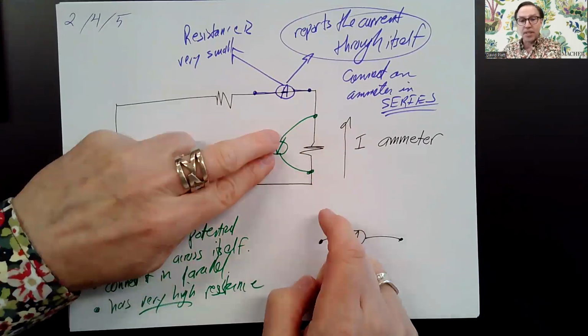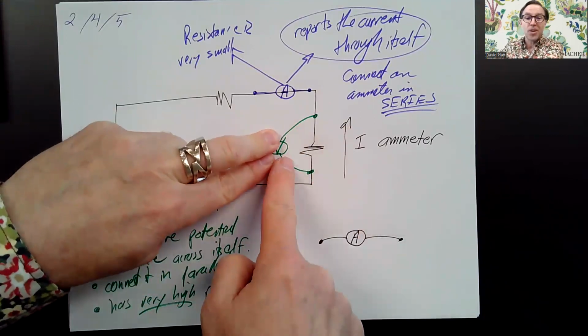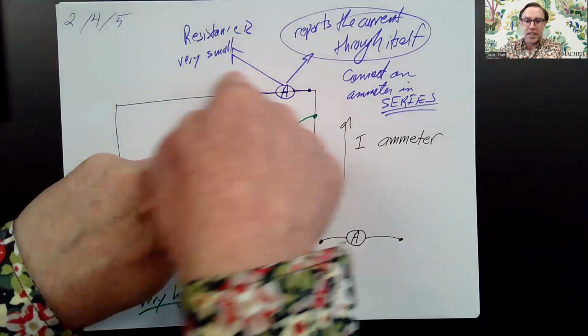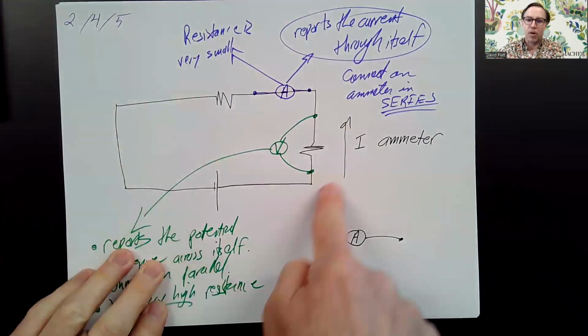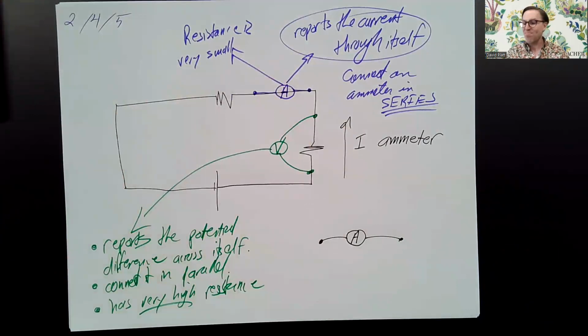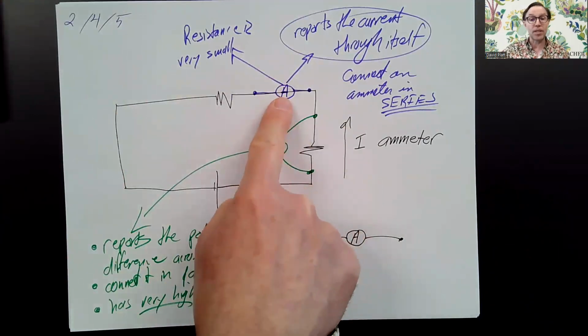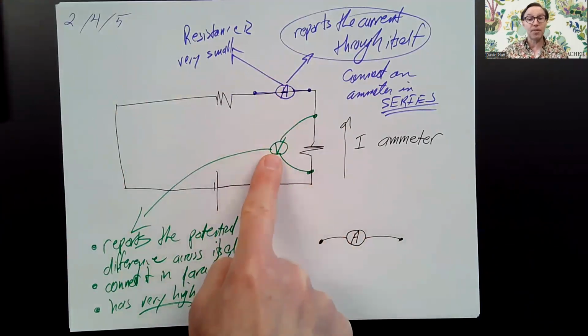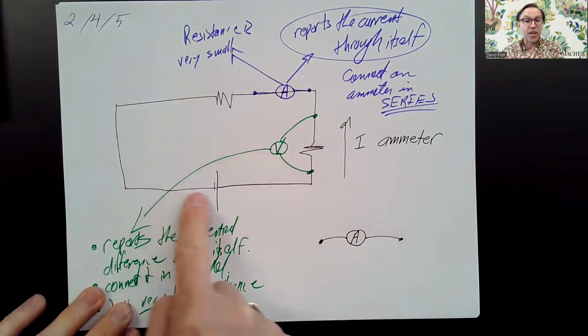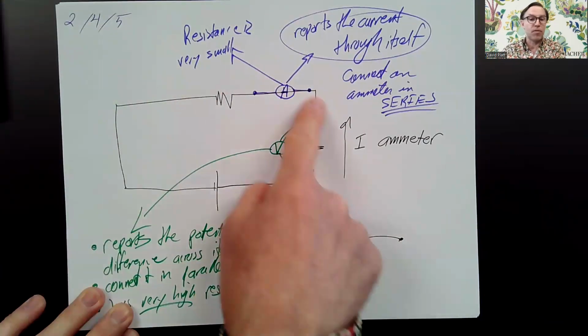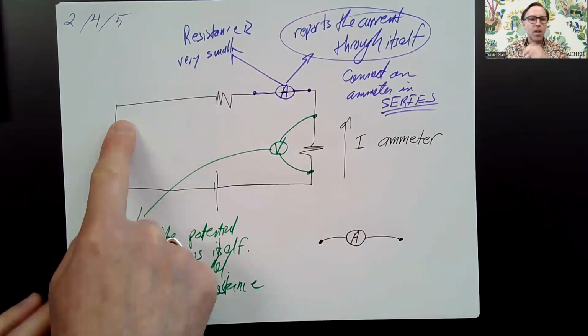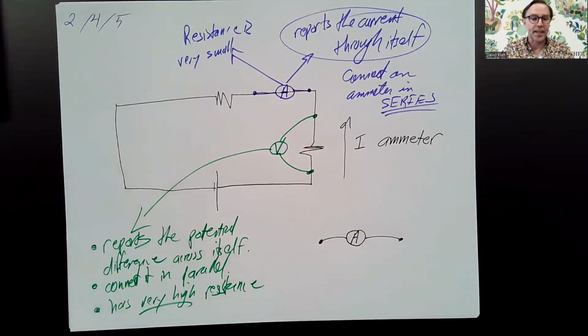So if I have super high resistance, then essentially no current travels here, and all the current continues to travel the way it was traveling before. So this having very low resistance, this having very high resistance, the purpose thereof is so that the current does not change from before I connect them to after I connect them.